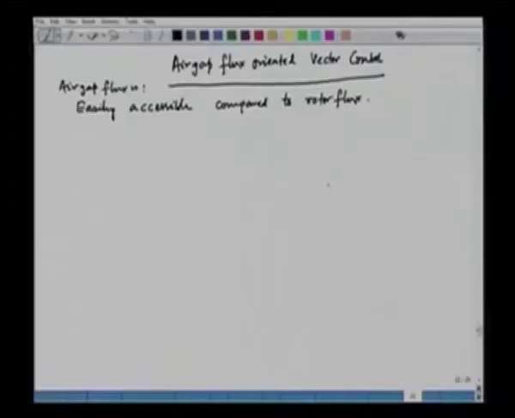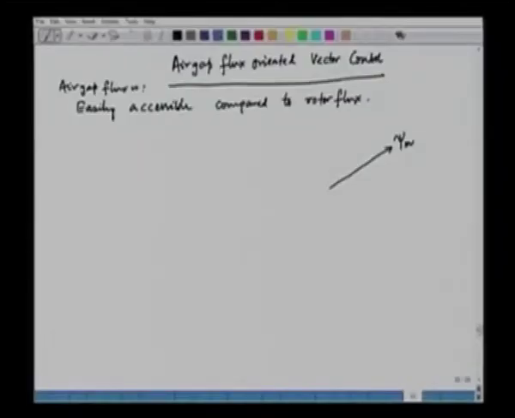Here what we do, we track the air gap flux vector. Suppose this is the air gap flux vector, and we can call this psi m. And what we do here, we take a rotating reference frame, and the d axis of the rotating reference frame is oriented along the air gap flux vector. So, we can have the d axis aligned along this vector.